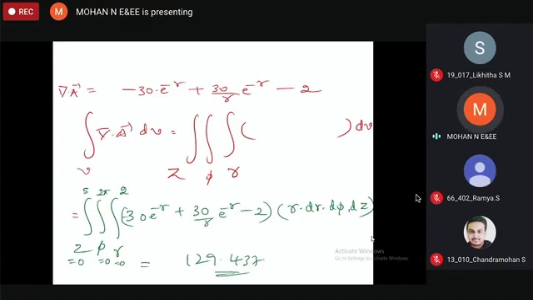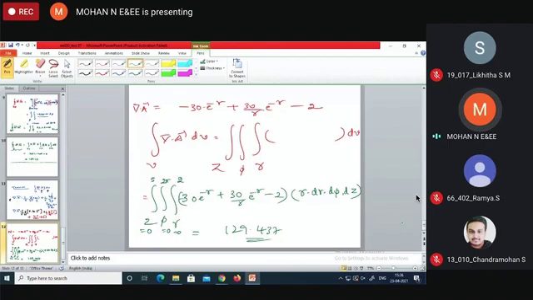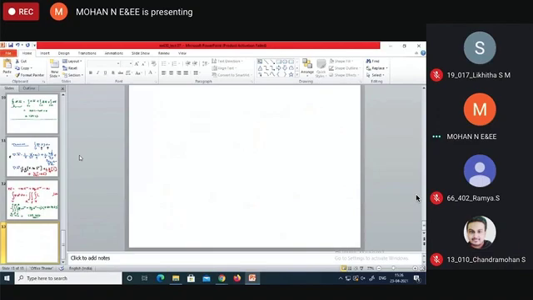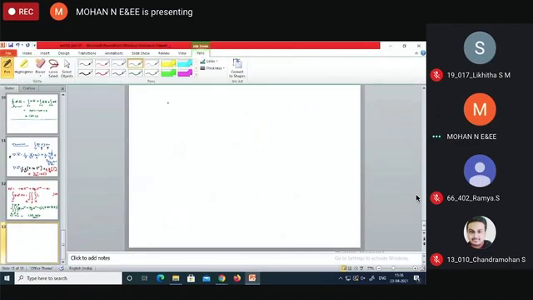If D vector is equal to x into y square into z square ax cap plus x square into y into z square into ay cap plus x square into y square into z az cap coulomb per meter square.